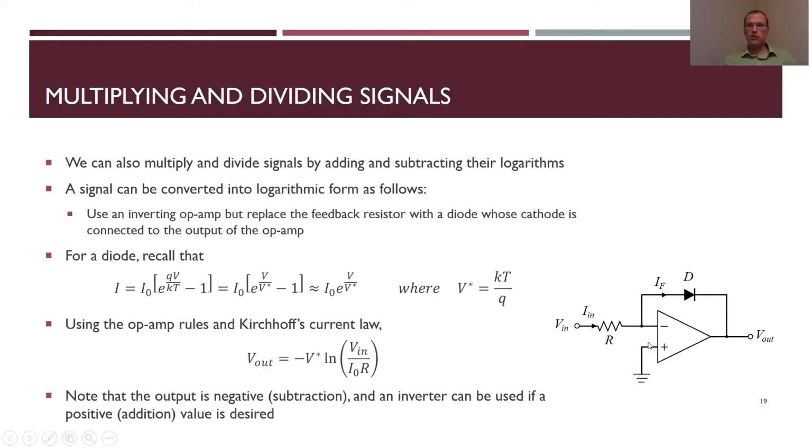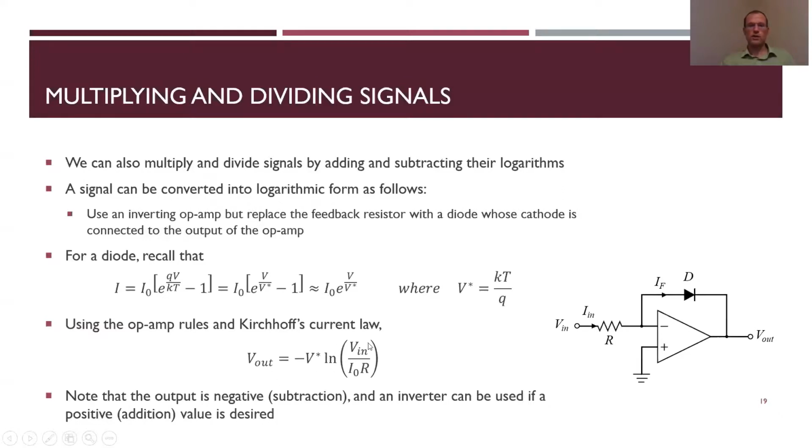And then, kind of the standard method again, if we use op amp rules, rule 4, negative feedback, V minus and V plus are the same thing. No current going in from rule 3, the minus or plus inputs. Take the junction rule at that point. You'll find that V out is related to V in using the natural log.